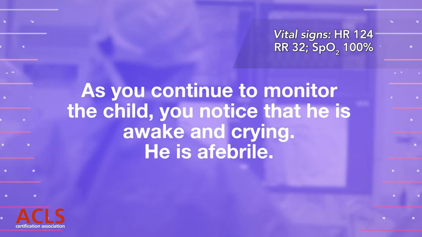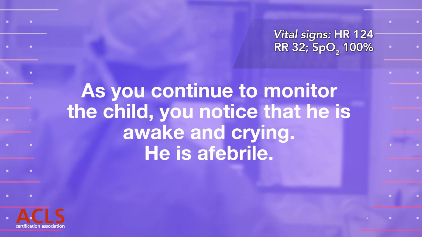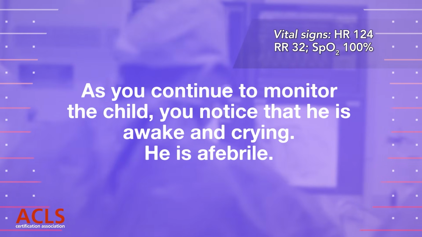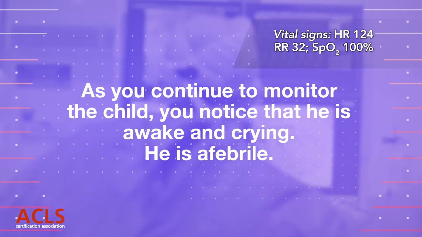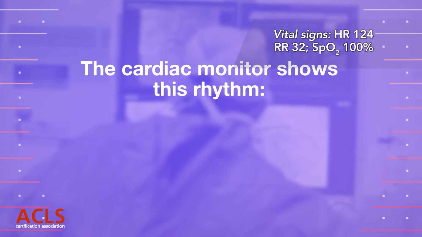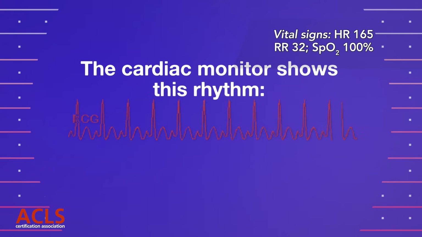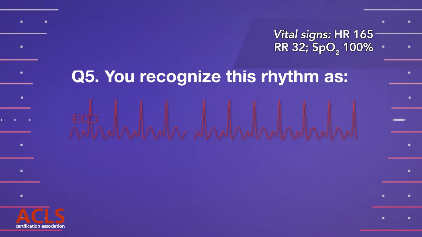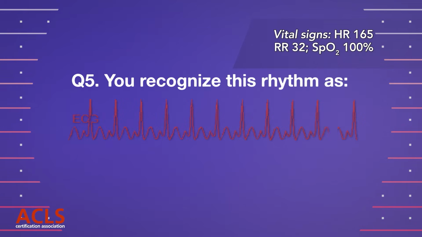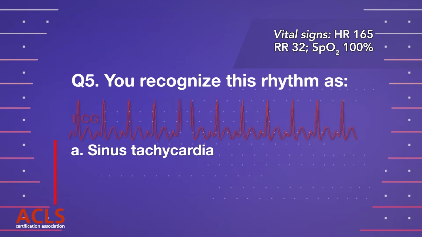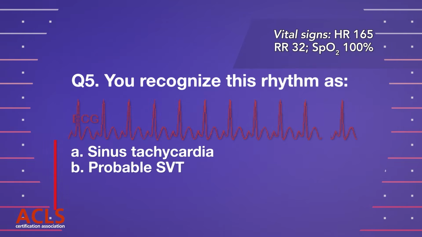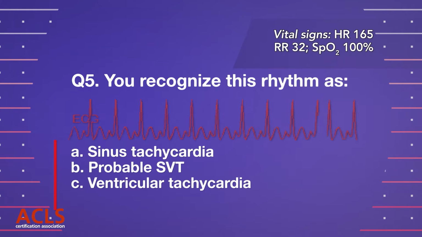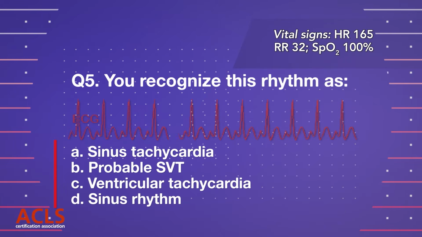As you continue to monitor the child, you notice that he is awake and crying. He is afebrile. The cardiac monitor shows this rhythm. 5. You recognize this rhythm as A. Sinus tachycardia. B. Probable SVT. C. Ventricular tachycardia. D. Sinus rhythm.